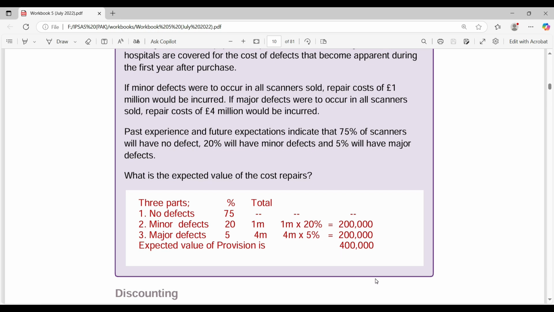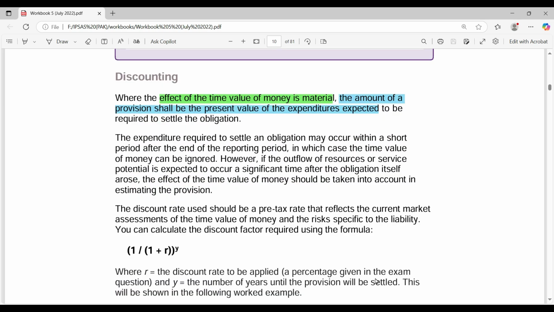Now another important concept is discounting. You have to show the provisions amount in your financial statement, but where the effect of the time value of money is material, the amount of provisions should be the present value of the expenditure expected to be required to settle the obligations.